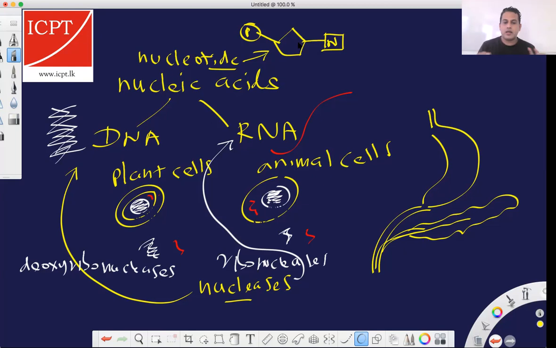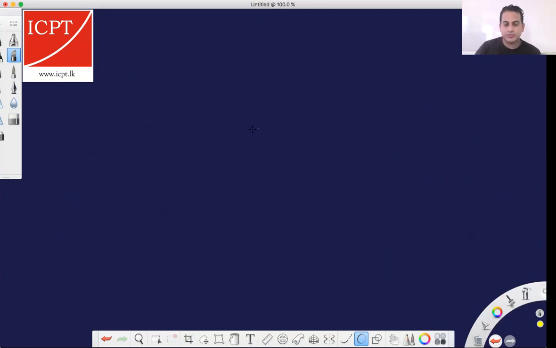And if we're going to look at how this enzyme acts, I'm going to show it in another view because I have deleted this one. I'm deleting this. So that's a nitrogenous base. And this one is the phosphate group.